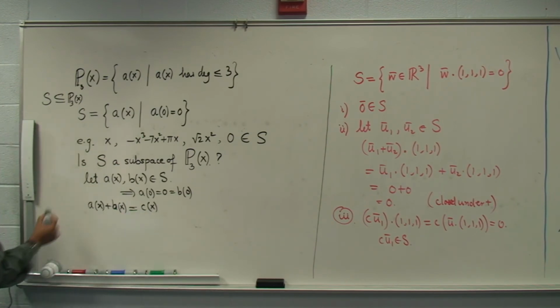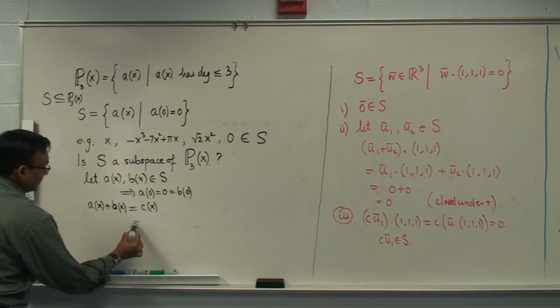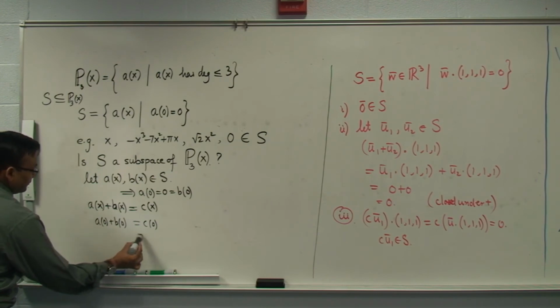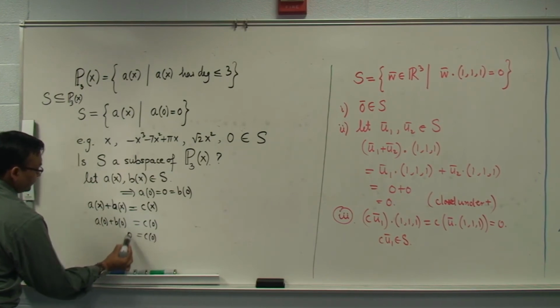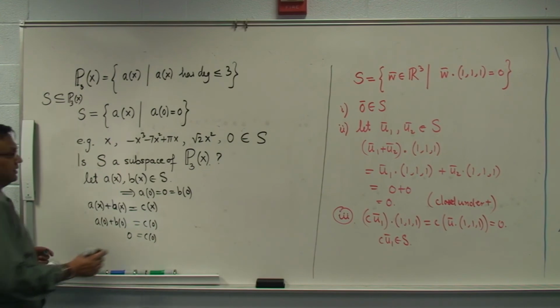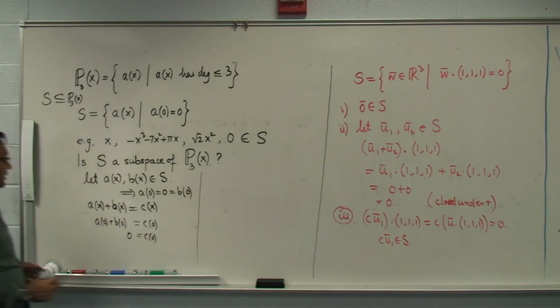I want to know what is the constant term of this guy. Well, if I evaluate this polynomial at 0, then this would be a0 plus b0, which we know is 0. So the constant term will still be 0. Hence the sum of these two polynomials will still be in the same set, and hence it is closed under addition. Same thing goes if I multiply the polynomial in S by any scalar, the constant term will still remain 0, and hence it is a subspace of P3.